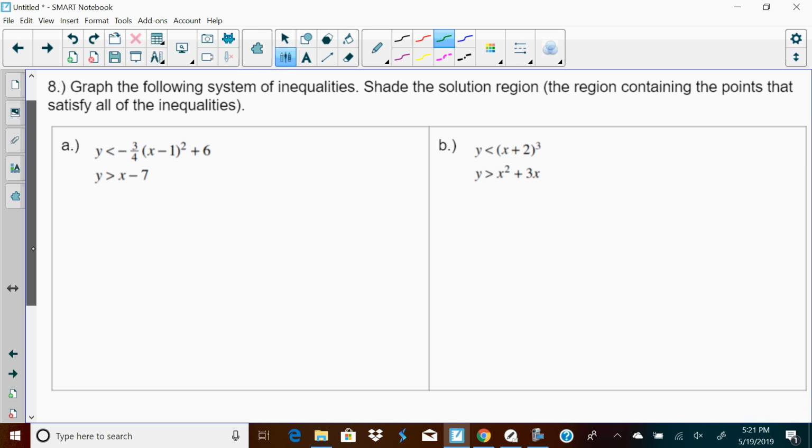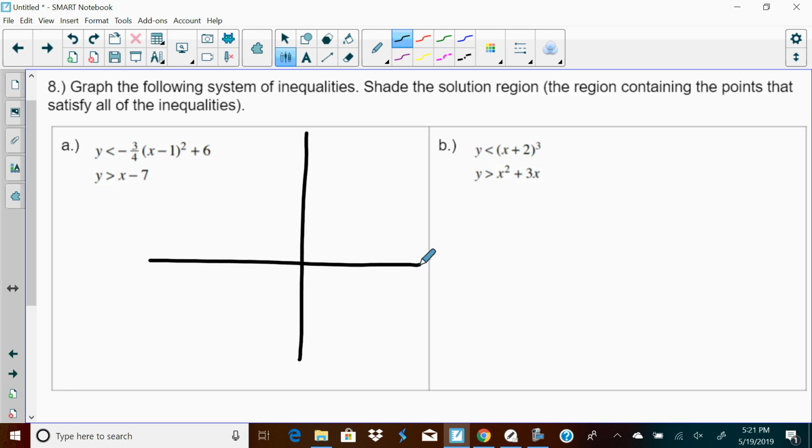Problem 8, graph the following systems, shade the solution, the region containing the points that satisfy all of the inequalities. So the first one, I'm just going to sketch it. So for the first one, my vertex is at 1, 6. It opens down, and it's dotted.